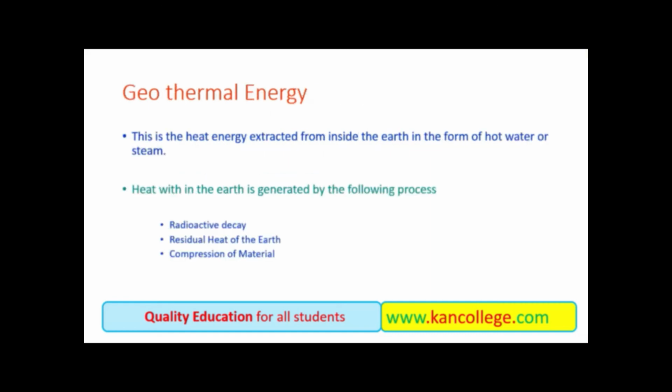The last type of renewable energy source is geothermal energy. This is the heat energy extracted from inside the earth in the form of hot water or steam. Actually, heat within the earth is generated by three processes. Number one, radioactive decay. Number two, residual heat of the earth. And number three, compression of the material. Radioactive decay is because of the radioactive material inside the earth.